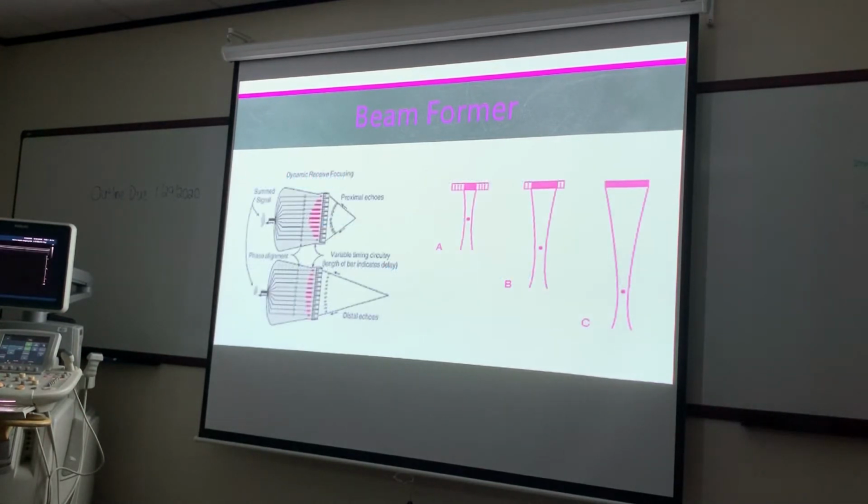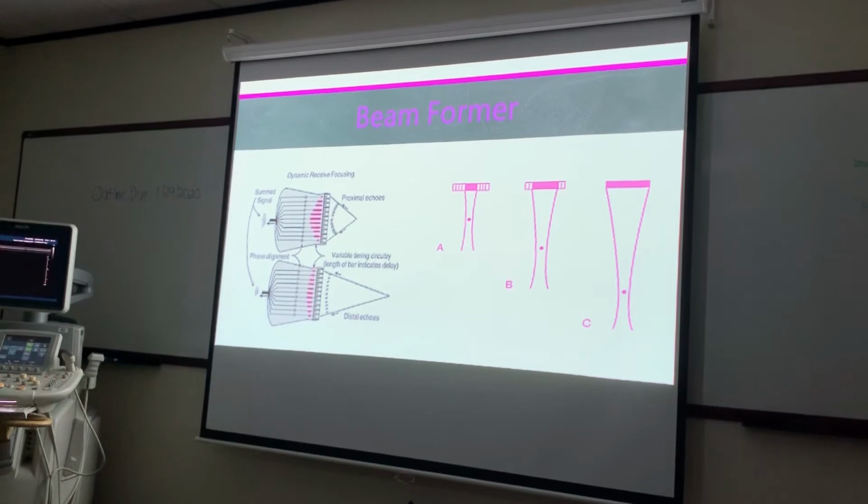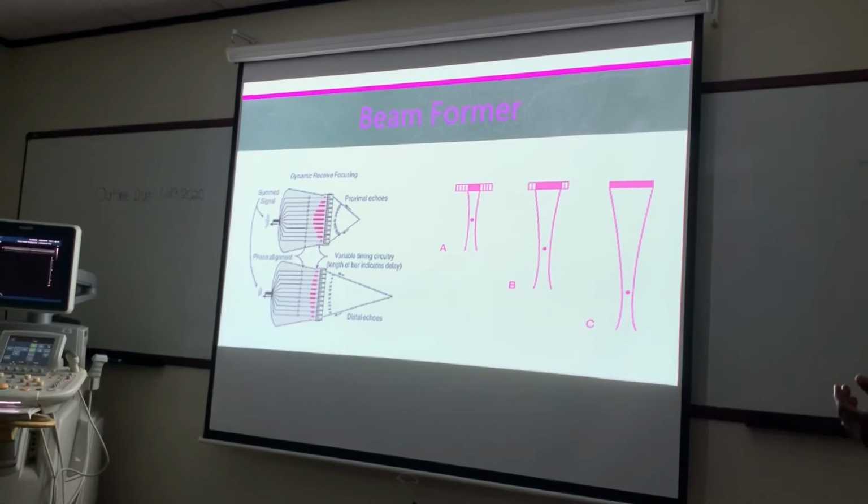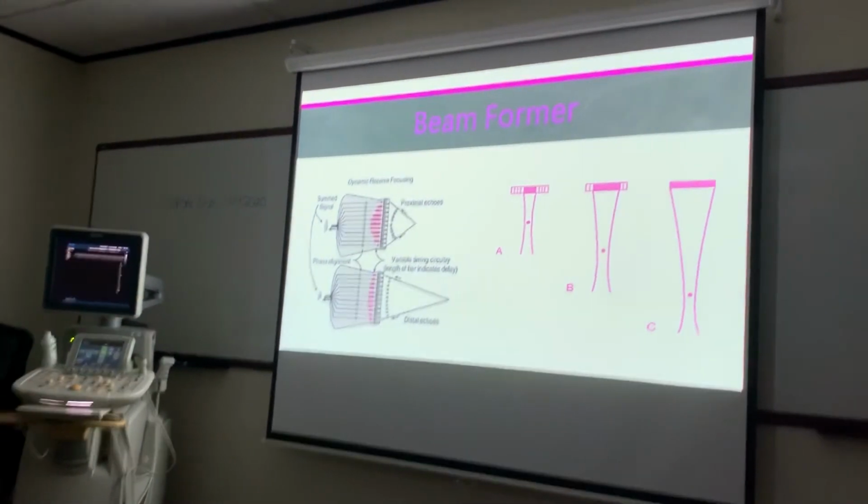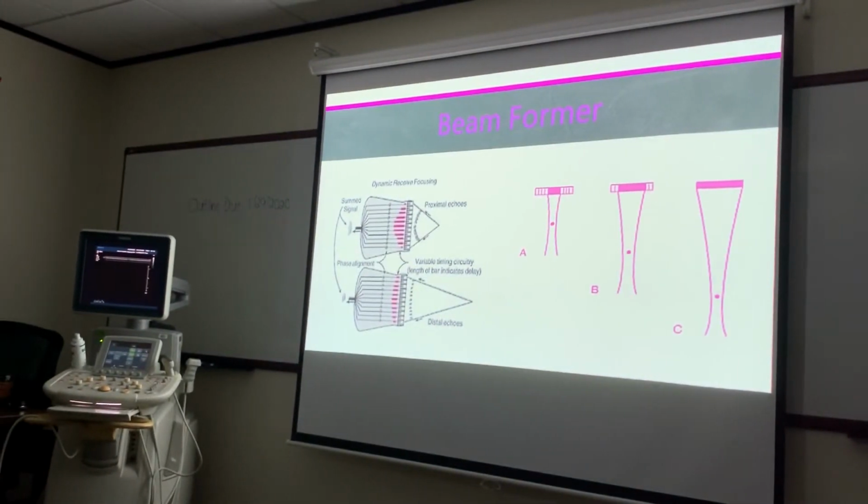Here goes our image right here. So here's our dynamic receive focusing right here. Our beam is going to come back at different times. So when it comes back, it's going to effectively amplify those sounds that come back faster, because usually when the sound comes back faster, it's going to have a higher signal. So this is how dynamic receive focusing works, guys.